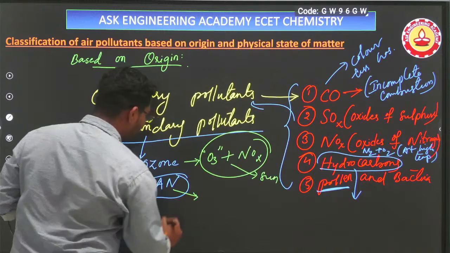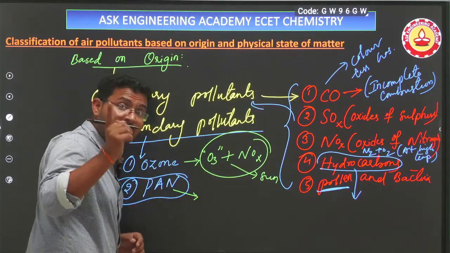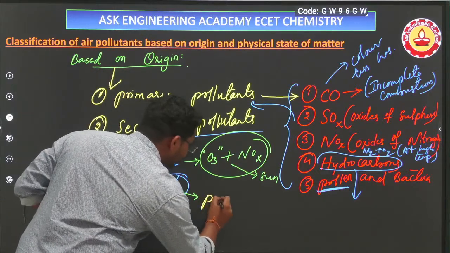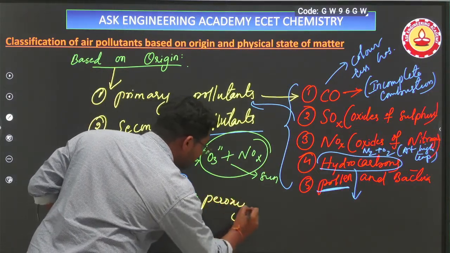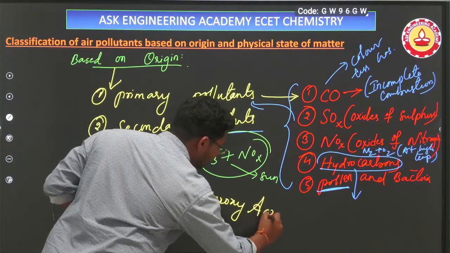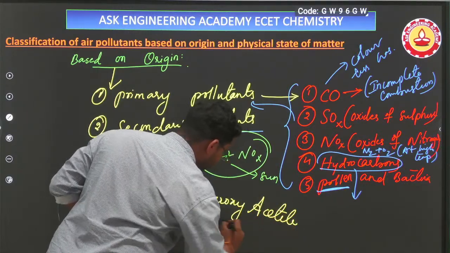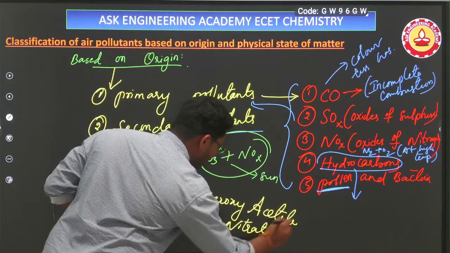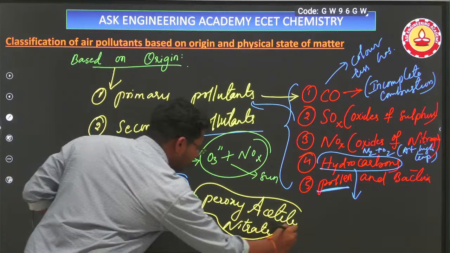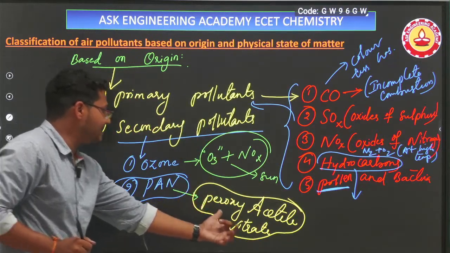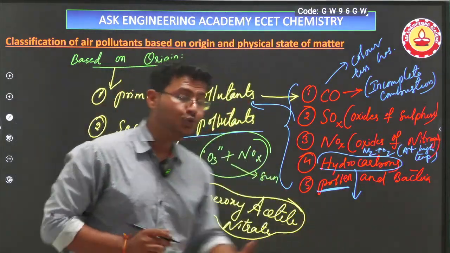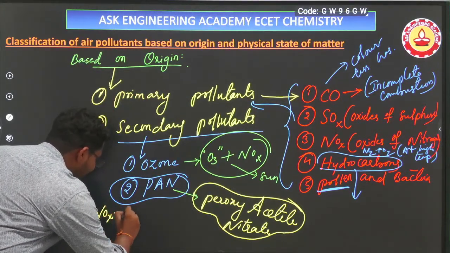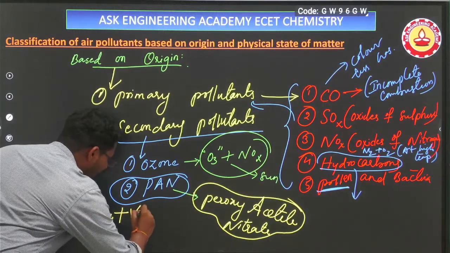PAN is abbreviated, very, very important. PAN means peroxy acetyl nitrate: P stands for peroxy, A stands for acetyl, N for nitrate. Peroxy acetyl nitrate is usually formed due to reaction of nitrogen oxides plus volatile organic compounds.